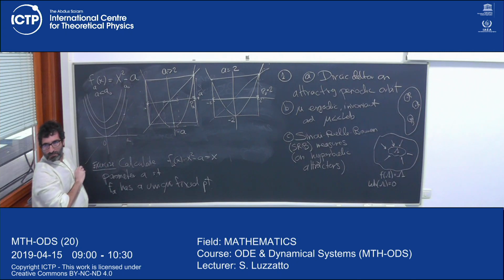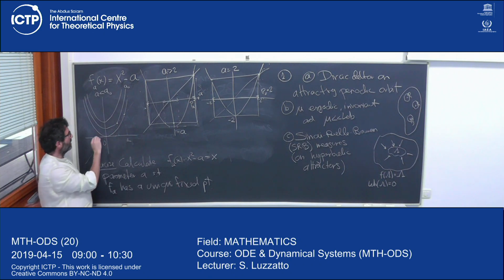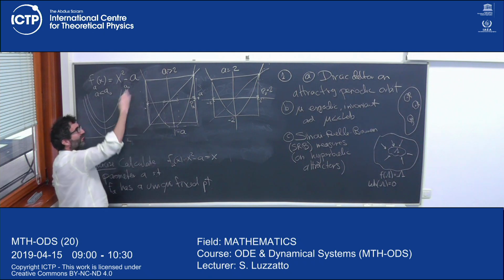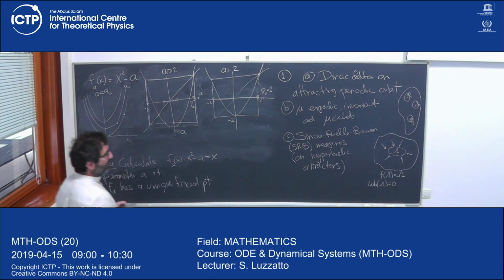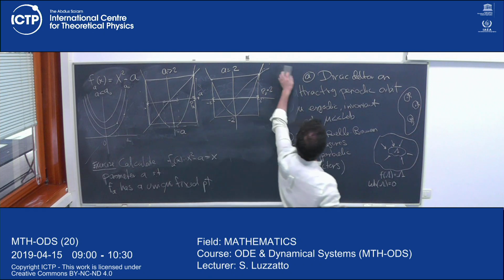What does it do? Everything just goes to plus infinity. Everything is above the diagonal, so everything is always increasing. Remember, if you're above the diagonal, it means that your image is to the right of where you started. So you go here, and then you go above, and then you keep going faster and faster. So for all A less than A0, let me write this. Let me start to write some points.